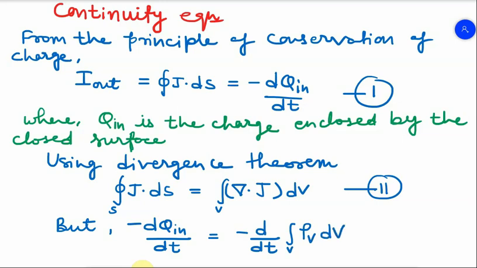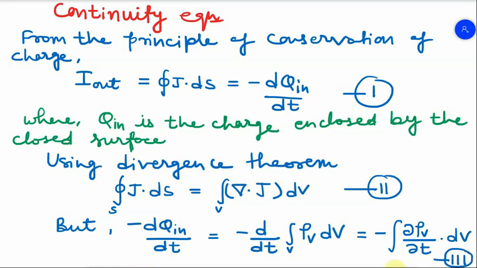If you remember, rho_v equals q upon v, charge per unit volume, so charge can be written as rho_v into dv. Then we can take the d by dt inside, and the expression becomes the volume integral of partial rho_v upon partial t into dv.